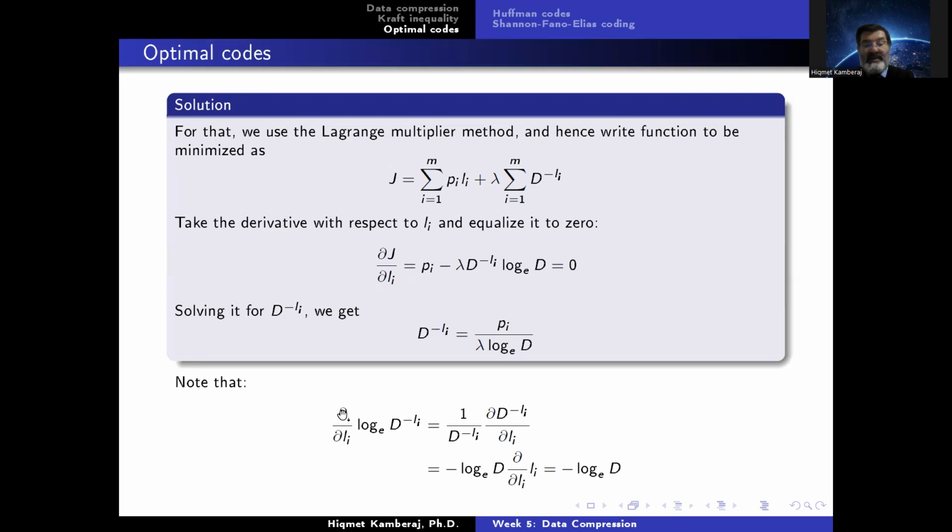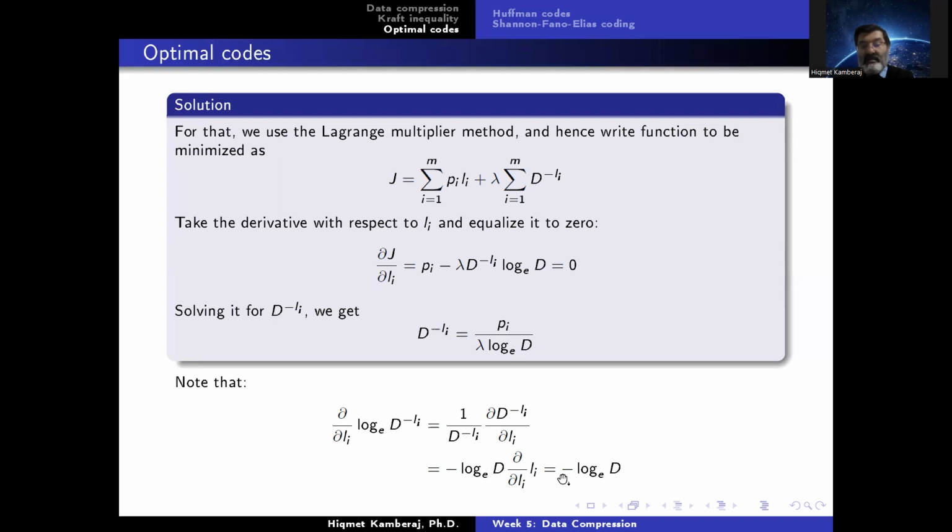Take the partial derivative with respect to Li of D to the power minus Li. Then this is equal to, from mathematics, D to the power minus Li times the derivative of minus Li with respect to Li, times log with base e of D. The partial derivative of Li with respect to Li is equal to 1.